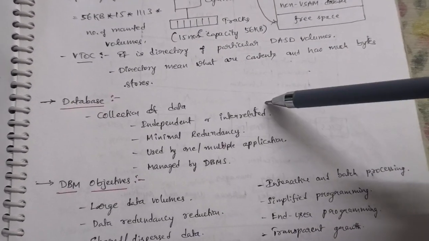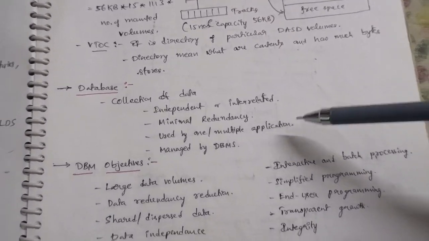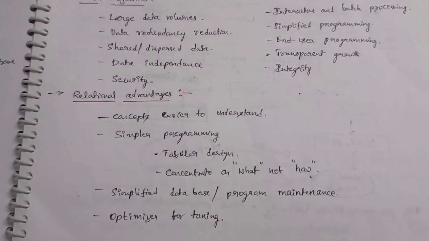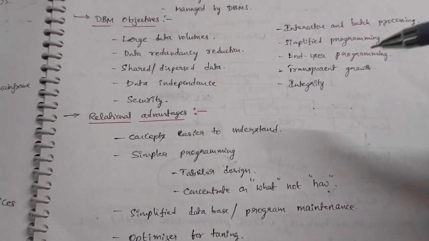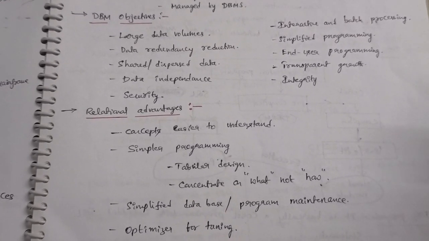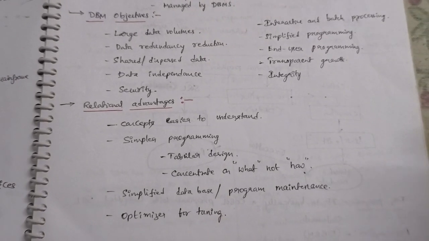And these are the data types and databases we support: independent, integrated, and DBM object use. And the relational data advantage. What is the advantage of a relational database? The concept is easy and simple. It is stored in table format, and we should concentrate only on what, not on how.